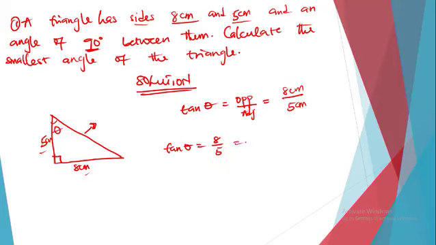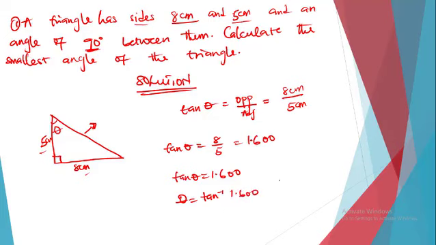When you divide that, you have 1.600. Now we are looking for the value of theta. So tan theta is equal to 1.600, making theta the subject of the formula. We then have theta equal to tan inverse of 1.600, not minus tan.